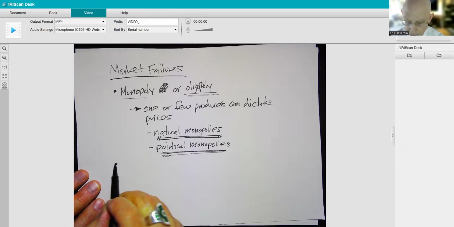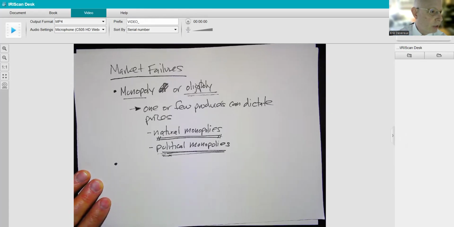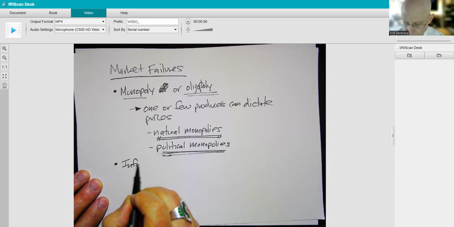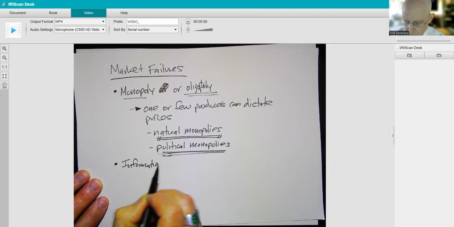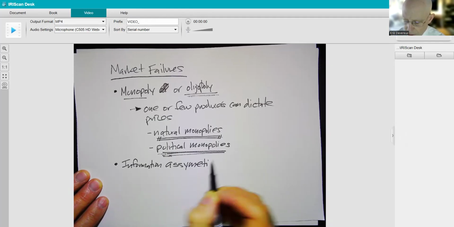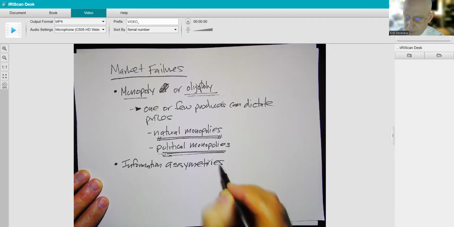Another classic market failure that we deal with in public policy all the time are information asymmetries. Information asymmetries occur when one party or the other in the transaction knows something that the other does not.